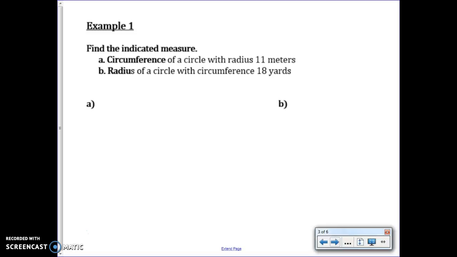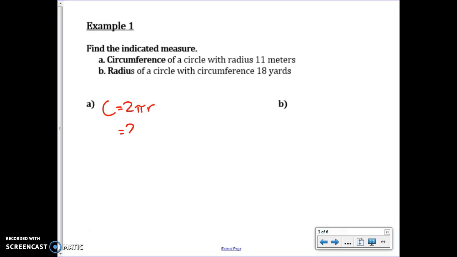So find the indicated measure. We want to find the circumference of a circle with a radius of 11 meters. If we have the radius, we're going to use C equals 2 pi r.